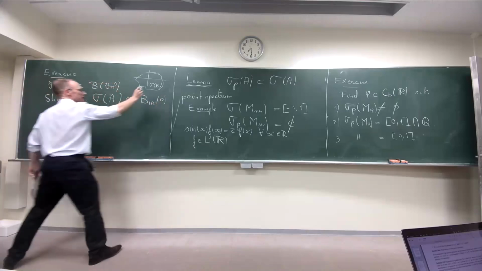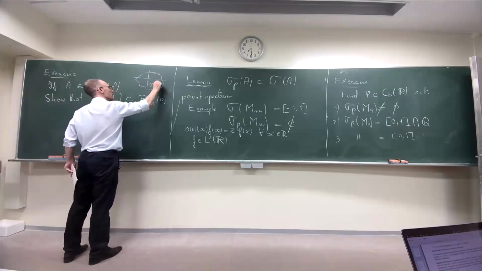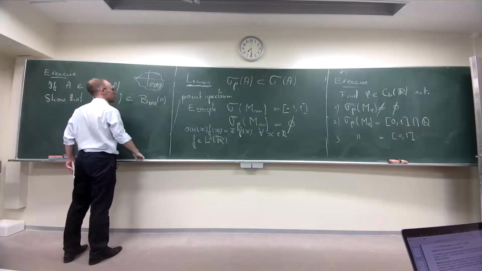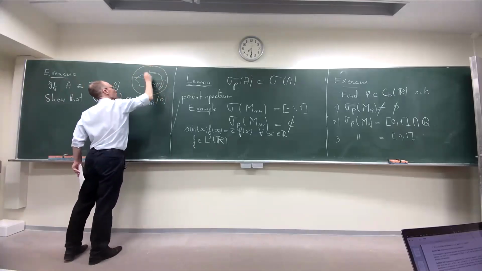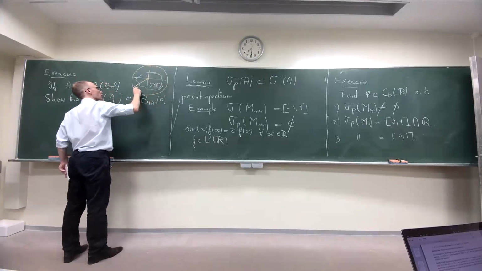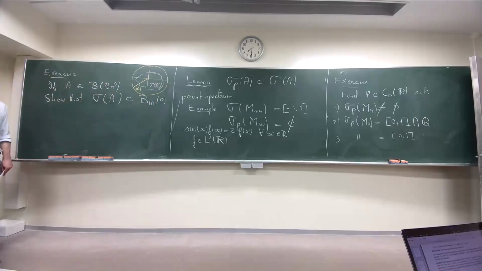So it means this spectrum of A, I'm claiming that it is included in a ball of radius norm of this operator, which is well defined because it's a bounded operator.